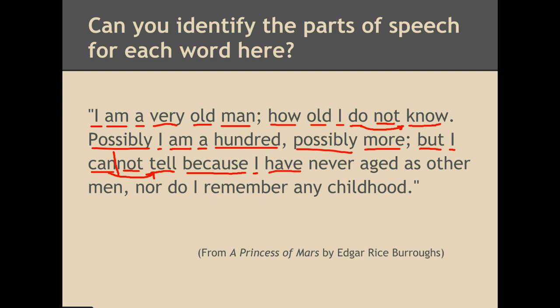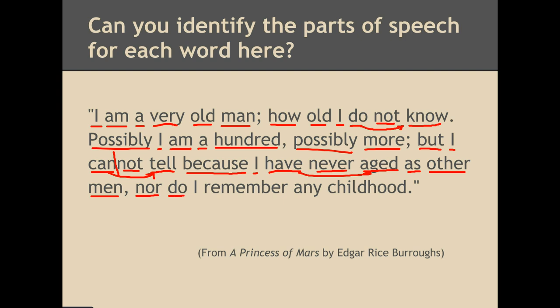Have is a helping verb that helps the word aged, which is an action verb. Here's another adverb. As is a preposition. Other, in this case, is a type of pronoun. Men is a noun. Nor is a coordinating conjunction.